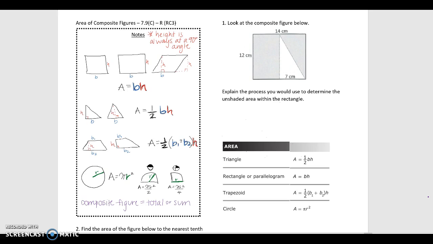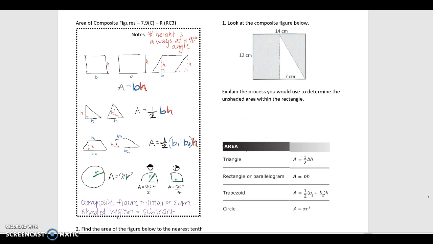So you're going to add all of the pieces together. If it's asking you for a shaded region, it means that it wants a part of it. So usually for the shaded region, you're going to subtract something. Okay, so often it's a square and you're taking out the circle. So make sure that you're paying attention to these two.